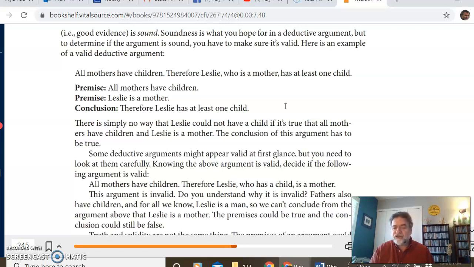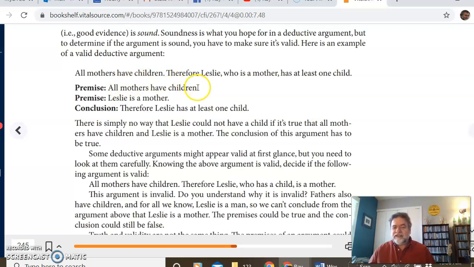Once we have generalizations that help us understand the world, then we move over to deduction, and we start using them to make decisions, to make determinations. This premise, this generalization, which is a conclusion inductively, my goodness, we look at mothers, they all have children. It is cogent. In fact, it's almost definite. It's one of the best generalizations we can have.